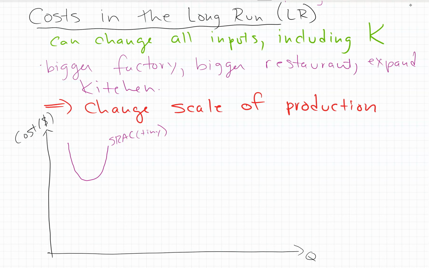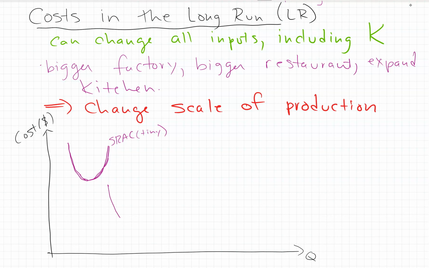You have a little tiny oven, a small counter, a couple tables, and a max of about 2 or 3 workers. The average cost looks like this. You get up to your peak efficiency, and then as you keep going, your cost increases quickly, and pretty much it becomes impossible to produce more because your place is too small.